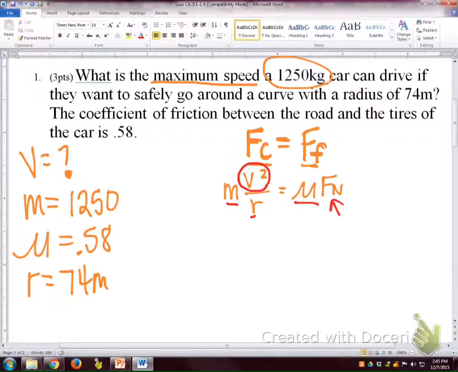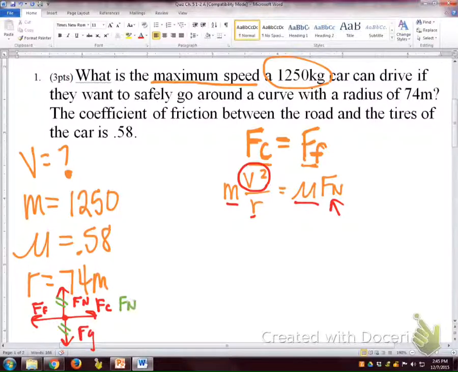If we've got a car that's traveling in a horizontal path, is that car accelerating in the vertical direction at all? If we look at our free body diagram of our centripetal force, frictional force, normal force, and gravitational force, since our car is not accelerating in the vertical direction, those two forces should be identical, right?